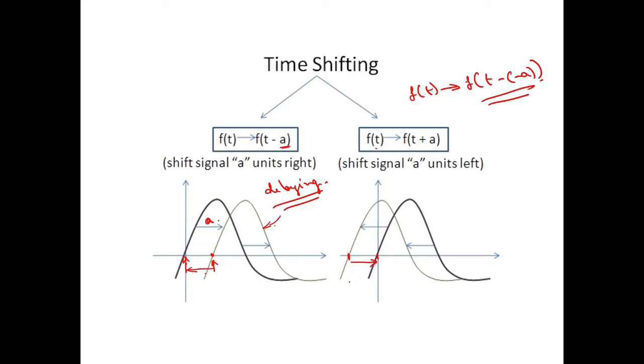Okay. So the first one, it is called delaying because I told you when we are having the positive t, on the right hand side, we are going into the future, right?